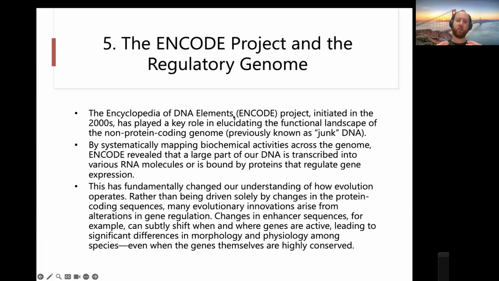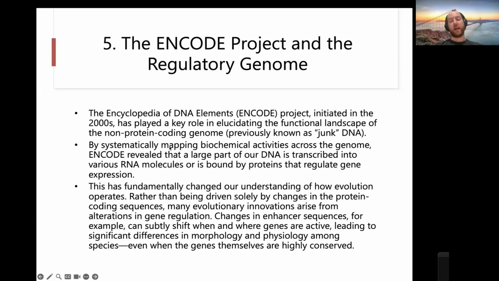So trying to understand all of these different switches in DNA. And so this Encyclopedia of DNA Elements project, also known as the ENCODE project for short, essentially had the purpose of mapping all of this junk DNA, well, previously known as junk DNA, but essentially non-protein coding genome.